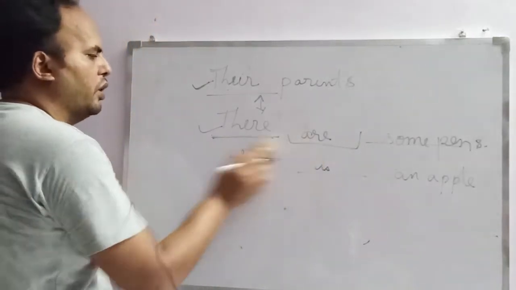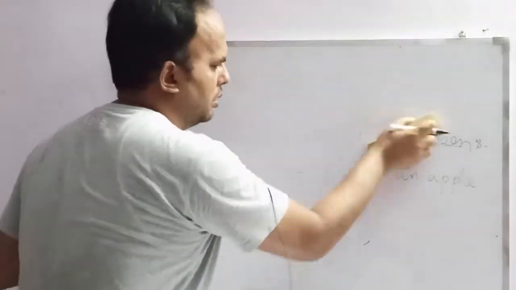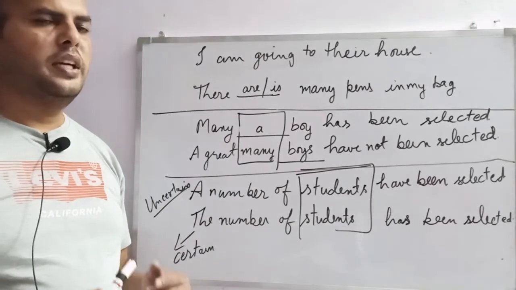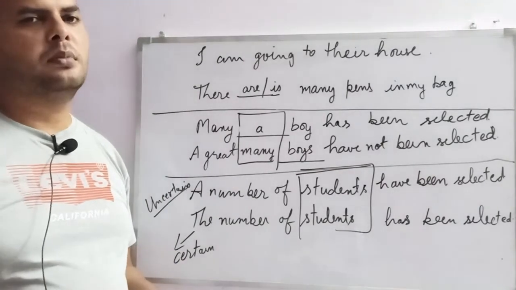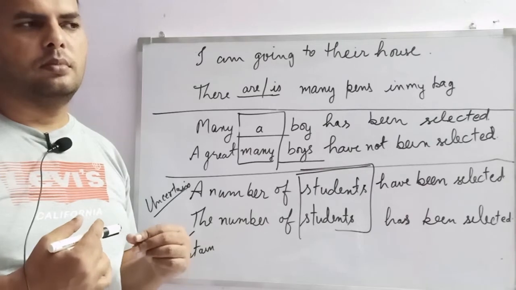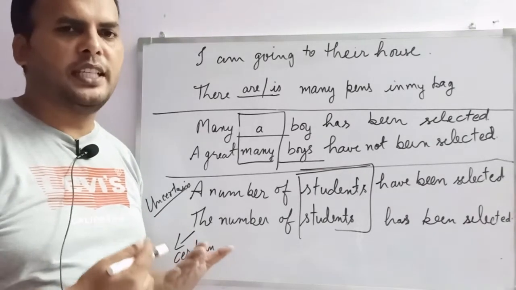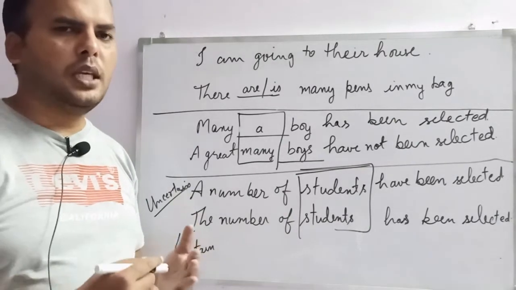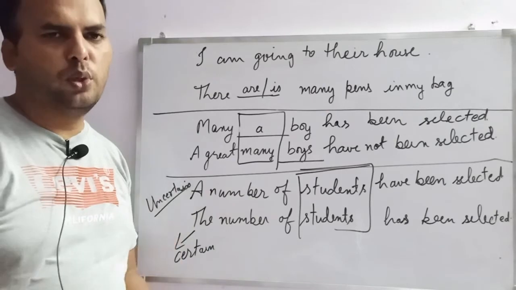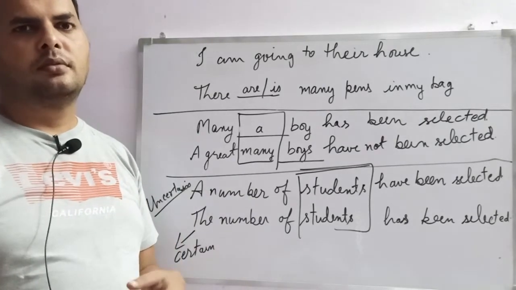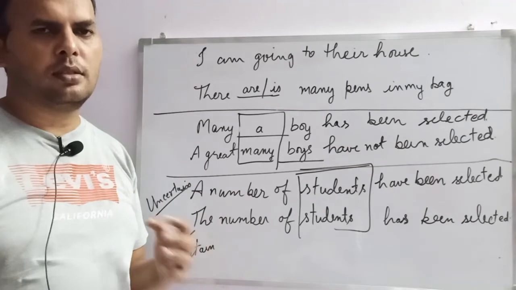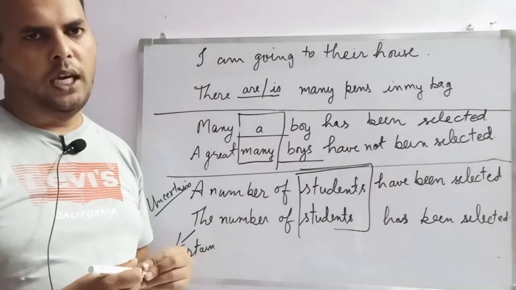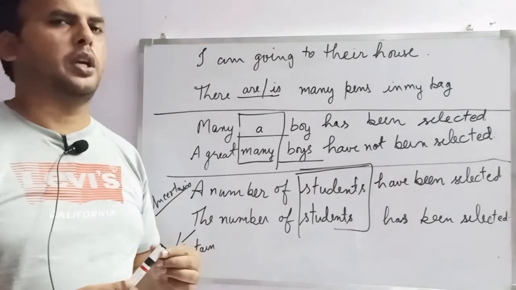Now, one more thing I want to clear over here. With there, most of the time, we move to the next rule, and it is very complicated. Many students do it in a wrong way and they misunderstand it.